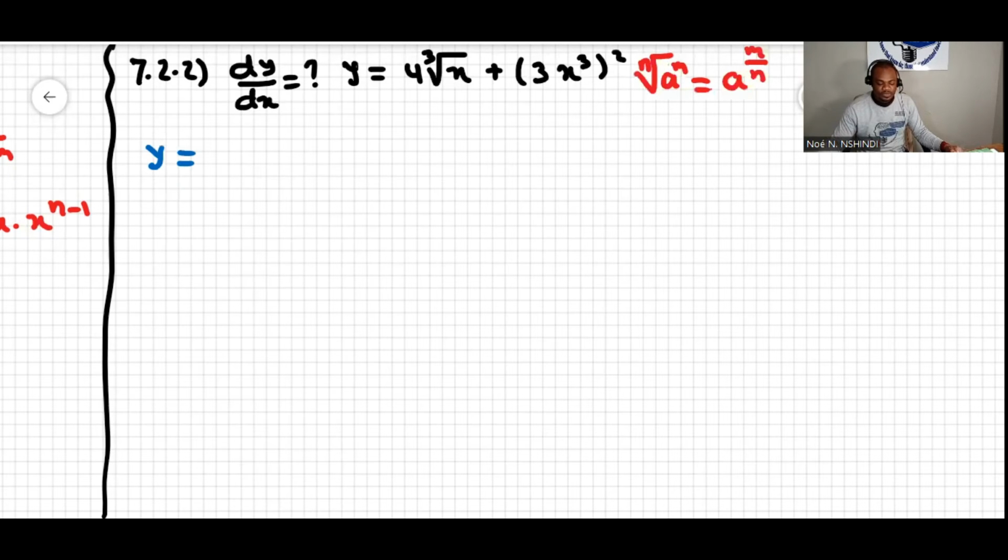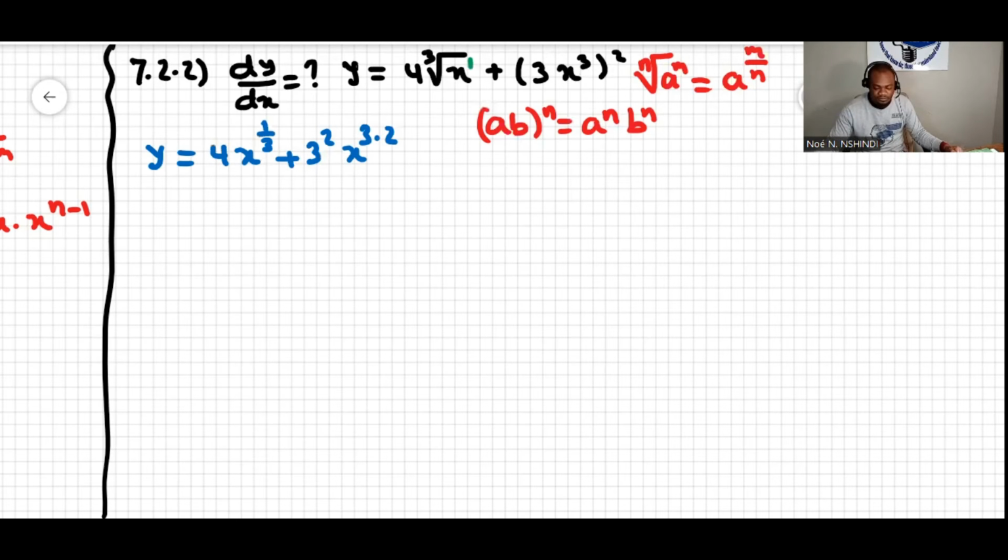Over here the exponent is just 1, so we can write 4 times x to the power of 1 over 3, plus, and then another law of exponents says (ab) to the power of n is just a to the n, b to the n. So this would be 3 squared, and then x cubed times 2. This power of 2 will be on the 3 and also on that.